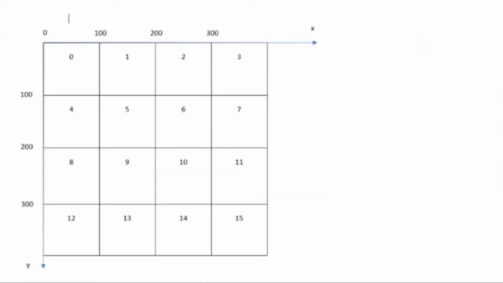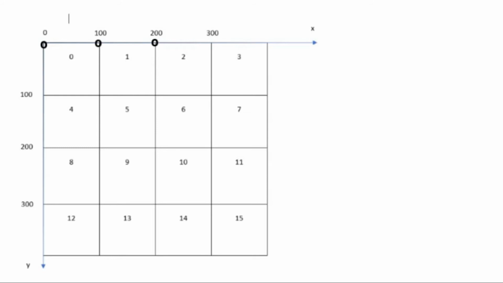You can imagine the square as X and Y coordinates. For example, piece 0 is marked at position 0, 0, meaning X equals 0, Y equals 0. Piece 1 is marked at position 100, 0, meaning X equals 100 and Y equals 0. Piece 2 is marked at position 200, 0, meaning X equals 200 and Y equals 0.